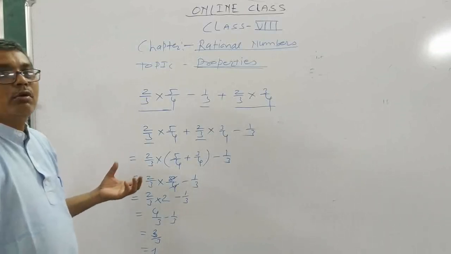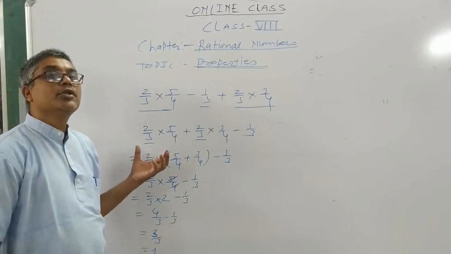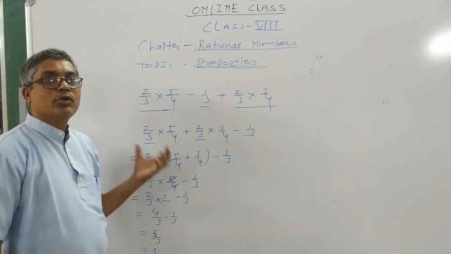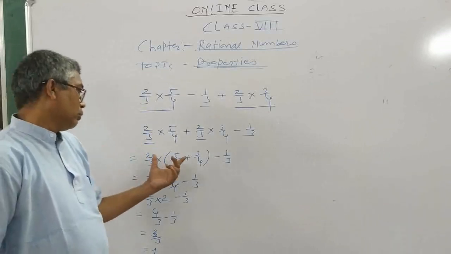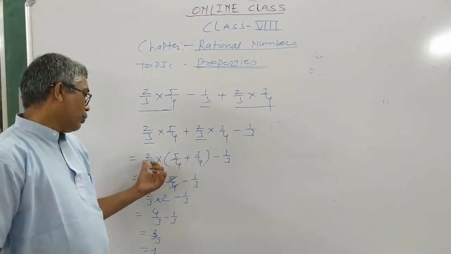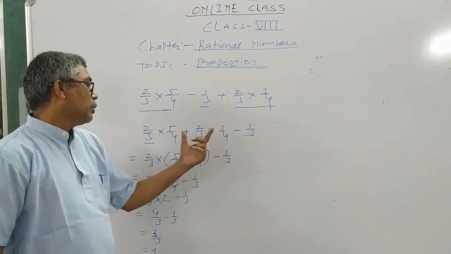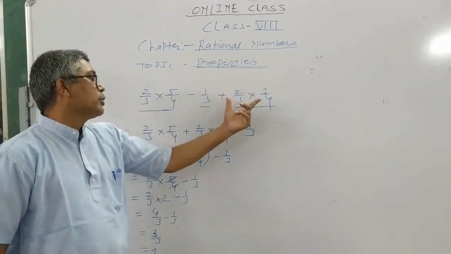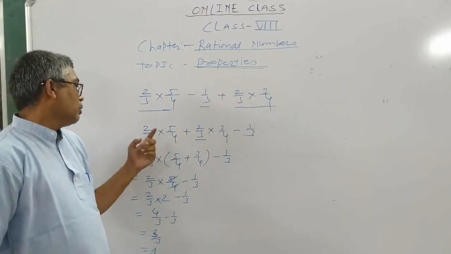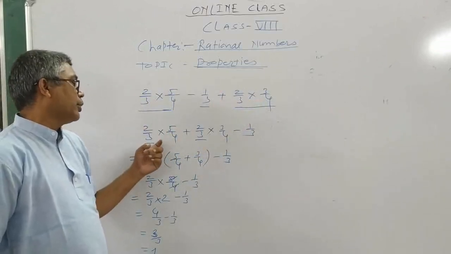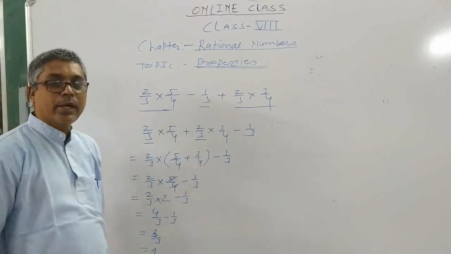But in this we have added one more property, that is called distributivity. What we do here, this first term and this third term, we take out 2 by 3 common and then 5 by 4 plus 3 by 4, we add this in bracket.